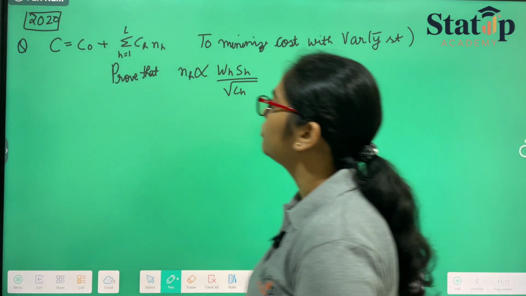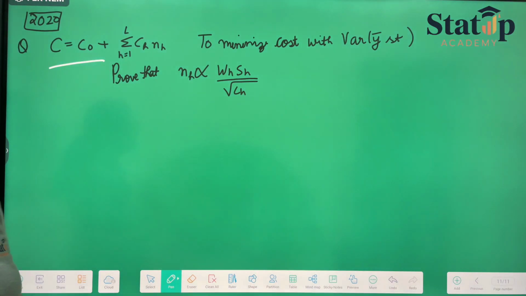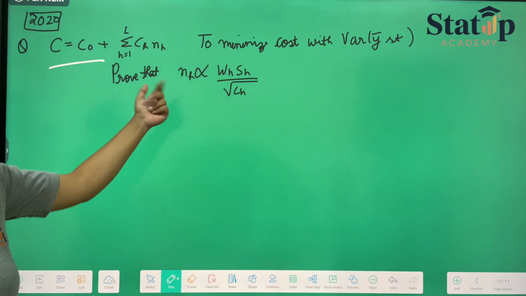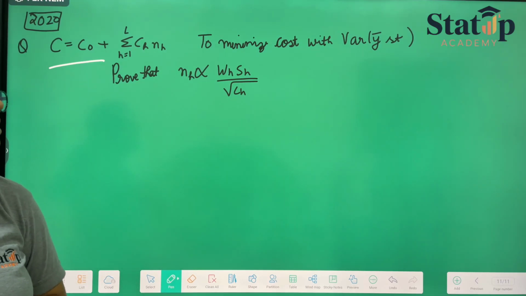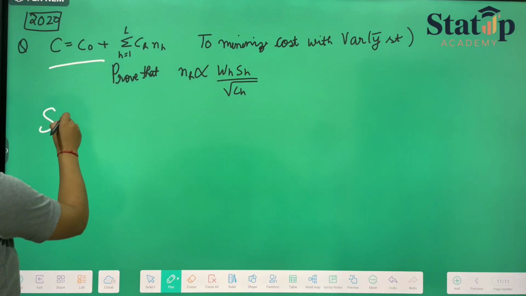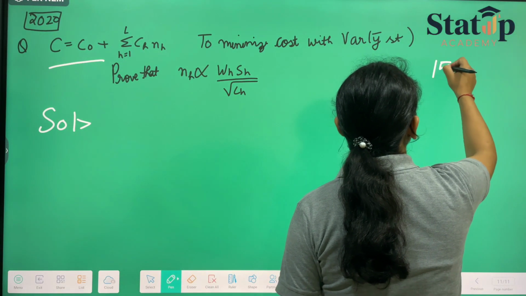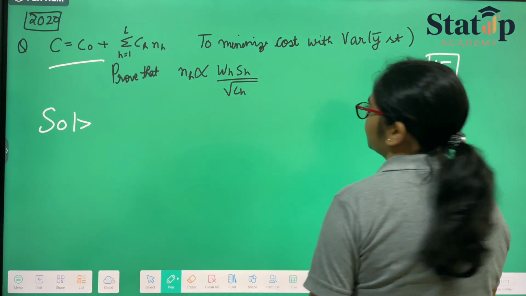Here we have been given a function of cost, total cost, and to minimize cost with variance of y bar st, we have to prove that nh is directly proportional to Wh Sh upon under root Ch. So again here this was also of 15 marks and it came in the year 2020.